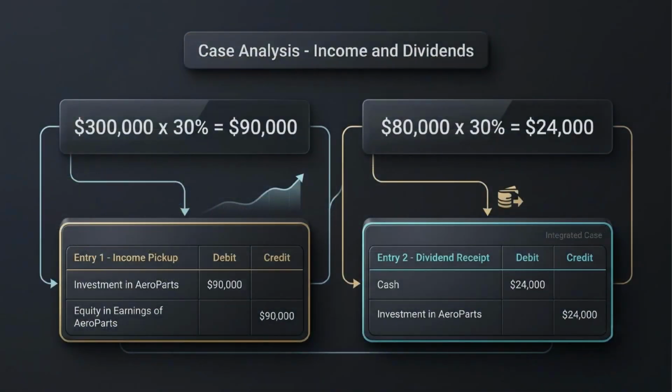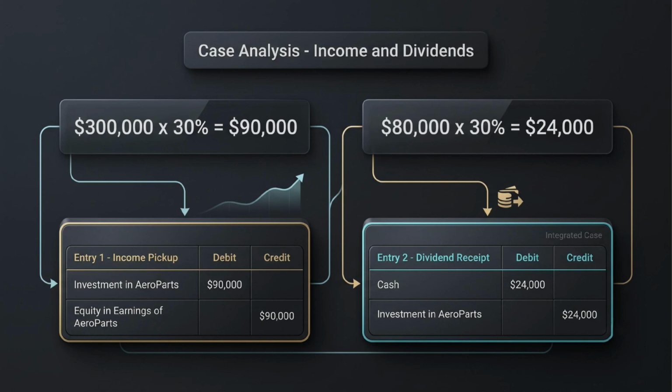Now record the basic 2026 income and dividend effects. AeroParts earns $300,000 and Vertex owns 30%, so Vertex's share of income is $90,000. The entry is debit investment in AeroParts for $90,000 and credit equity in earnings of AeroParts for $90,000.